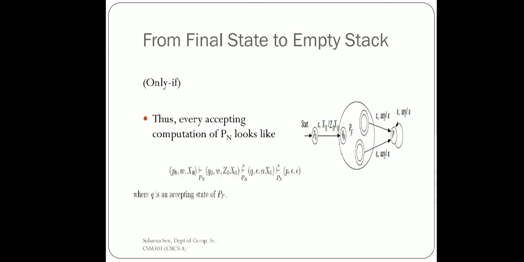So thus we can come to the conclusion that if we write the whole thing in this fashion, it is nothing to worry about, because we have explained each and every step: how from the start state it is moving to q0, from q0 how it is just copying or simulating PF, and then how it can move to p, under which conditions, right? So this is very clear.